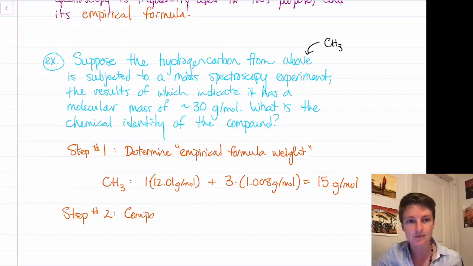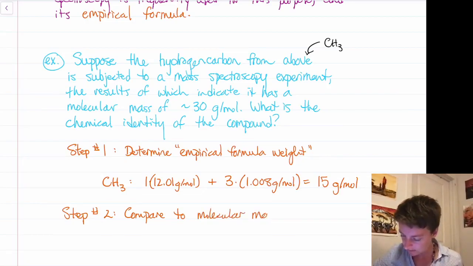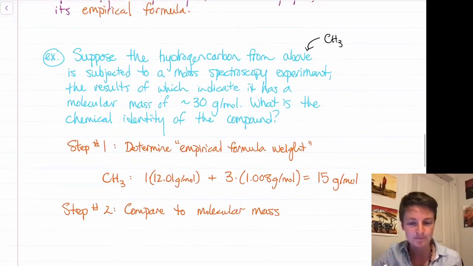So the second step of this is that we need to compare the so-called empirical formula weight to whatever the molecular formula is going to be. And to do this, there's kind of one of two strategies that you can employ.